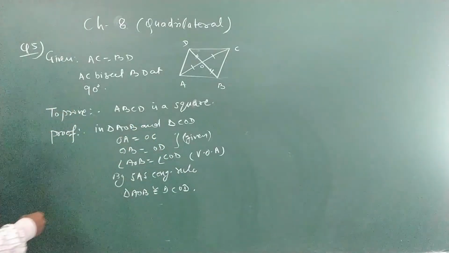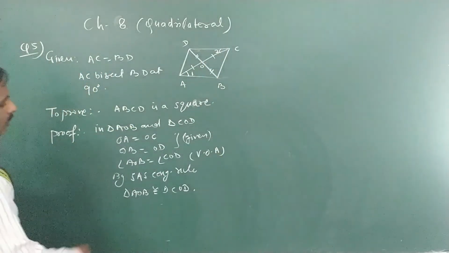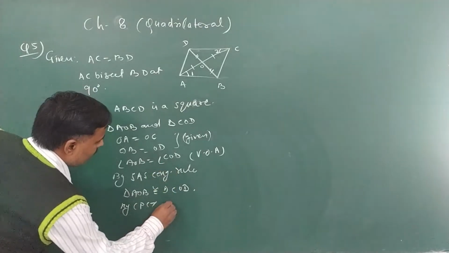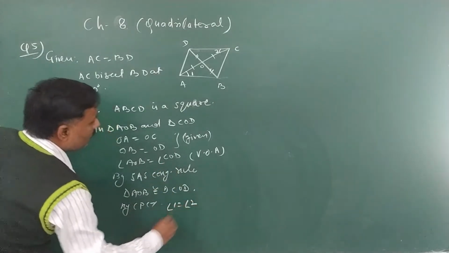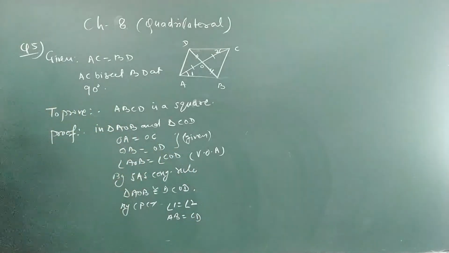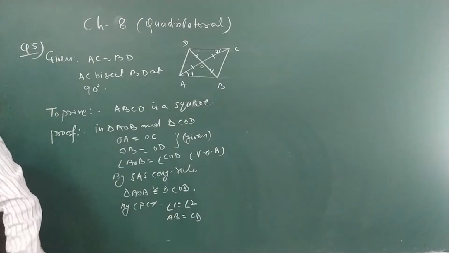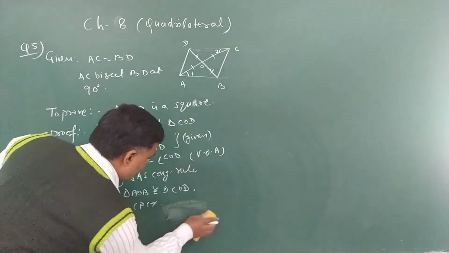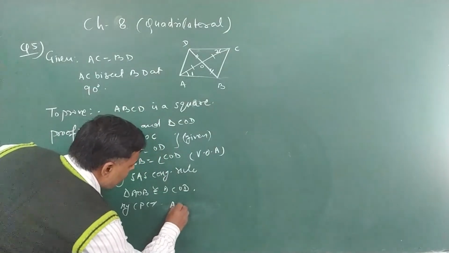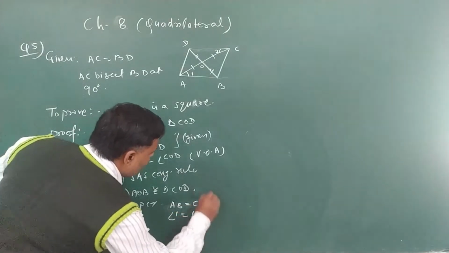We can say angle 1 is equal to angle 2. By CPCT, angle 1 is equal to angle 2 and AB is equal to CD. I'm writing it in a different way: AB equal to CD and angle 1 is equal to angle 2.